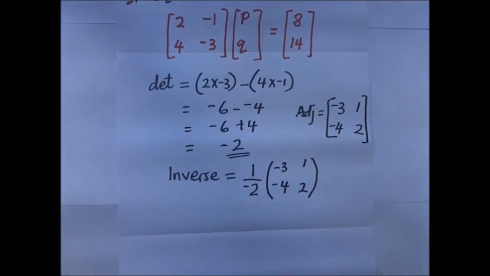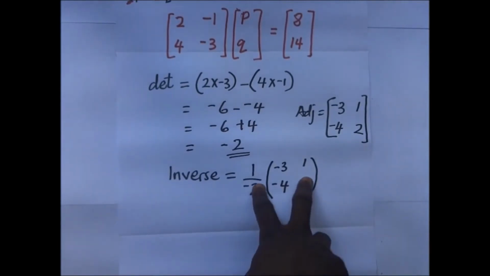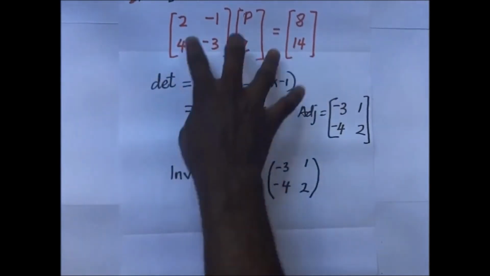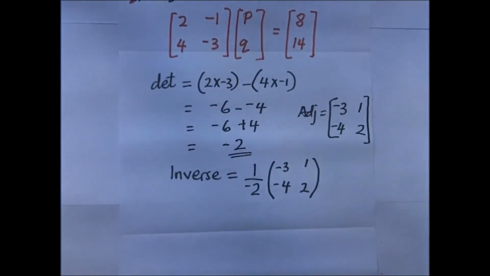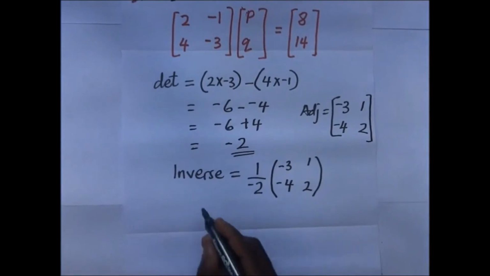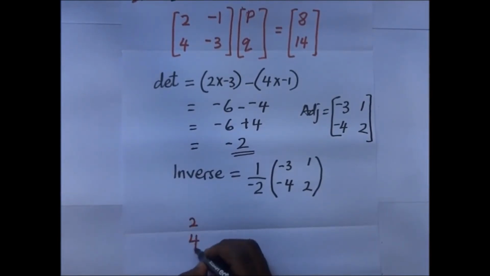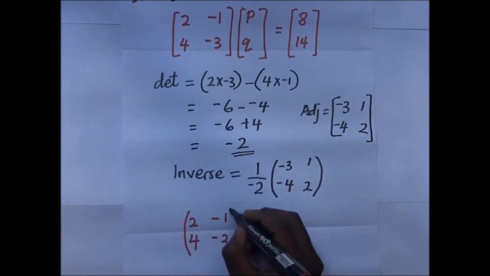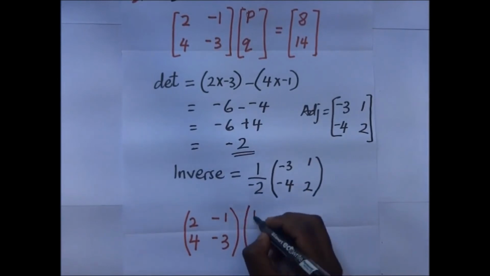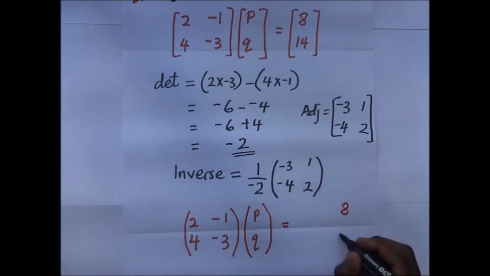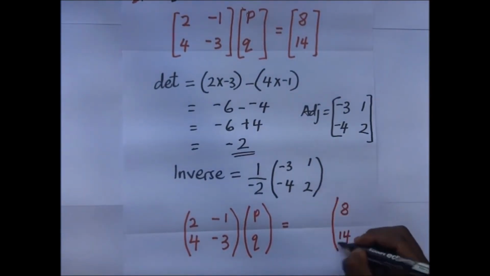So after getting our inverse, we are supposed to multiply the inverse on this side of the equation and that side. So bringing this back, it's going to become 2, 4, negative 1, negative 3 times PQ is supposed to be equal to 8, 14.